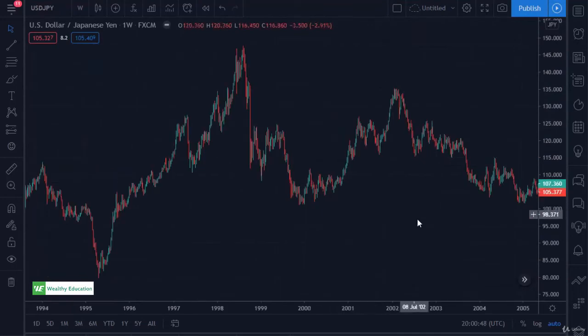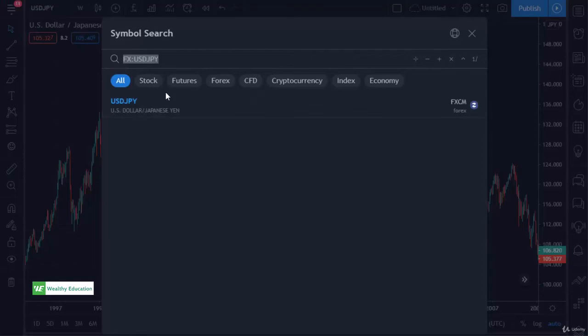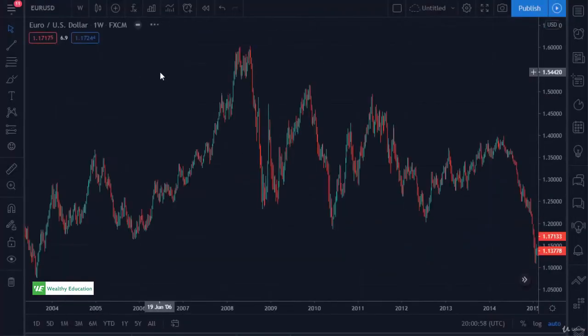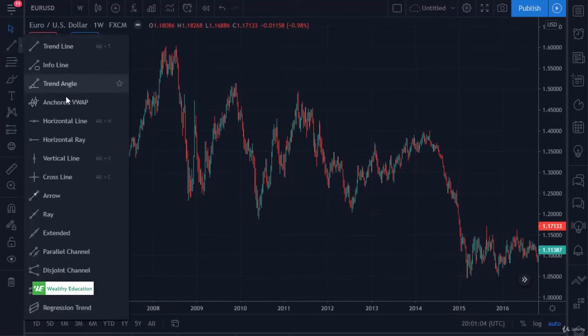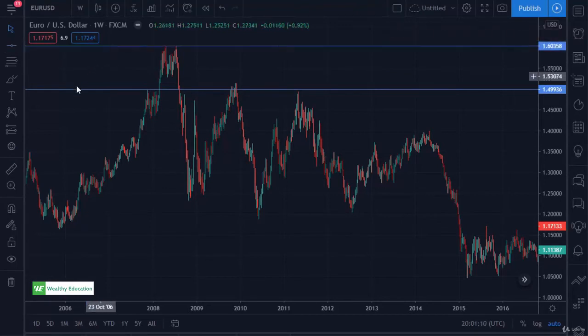So let's take a look at support and resistance, and I'll bring up a fresh, just kind of random chart. Euro dollar. Okay, so euro dollar, let's start drawing support and resistance lines. So we can go over here on the trend line, go to horizontal line, and I'm just going to plot these as I see them on the chart real quick.